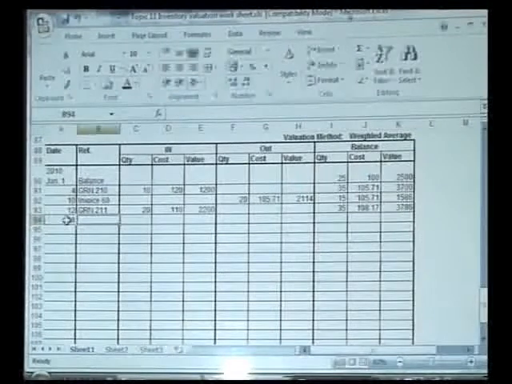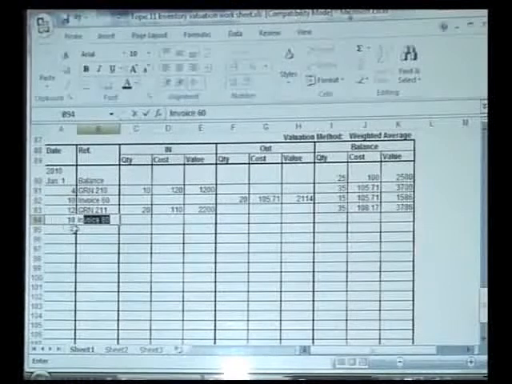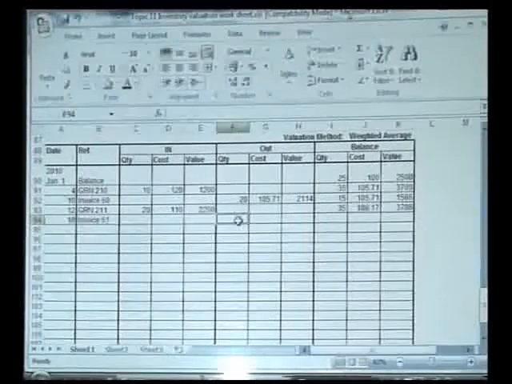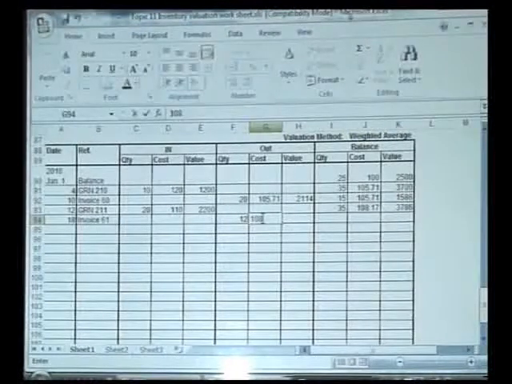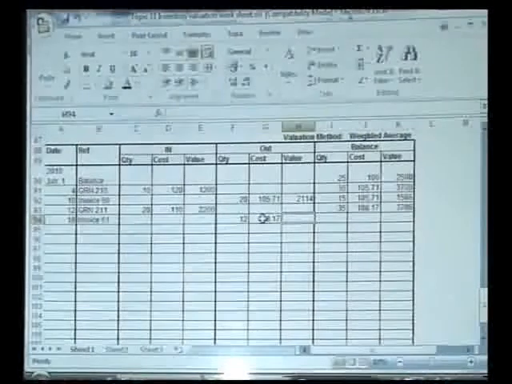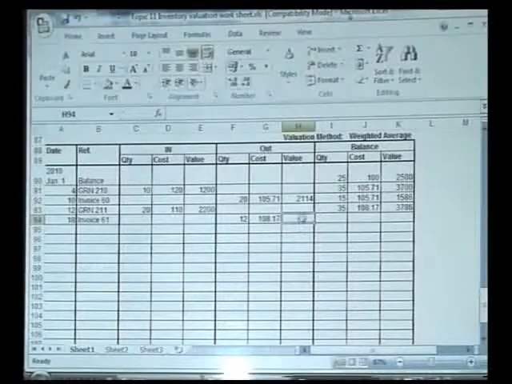18th, invoice 61, issues. 12 units issued. The price is given here, 108.17 toea.